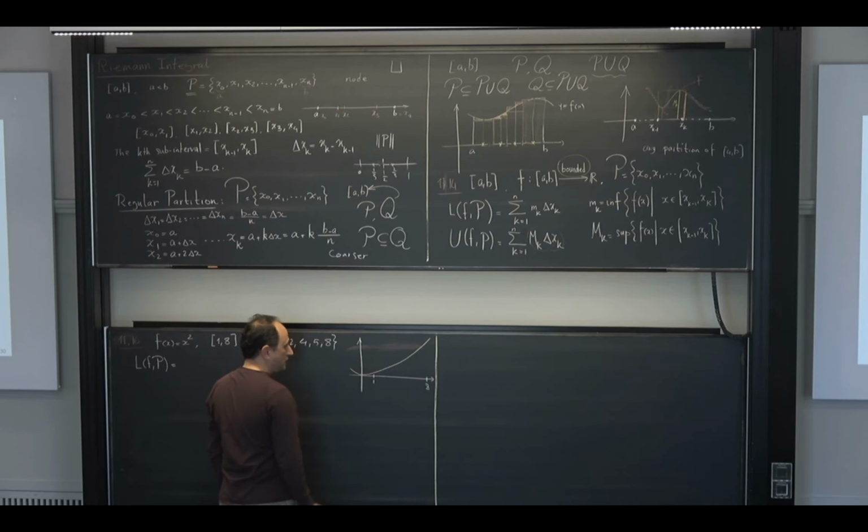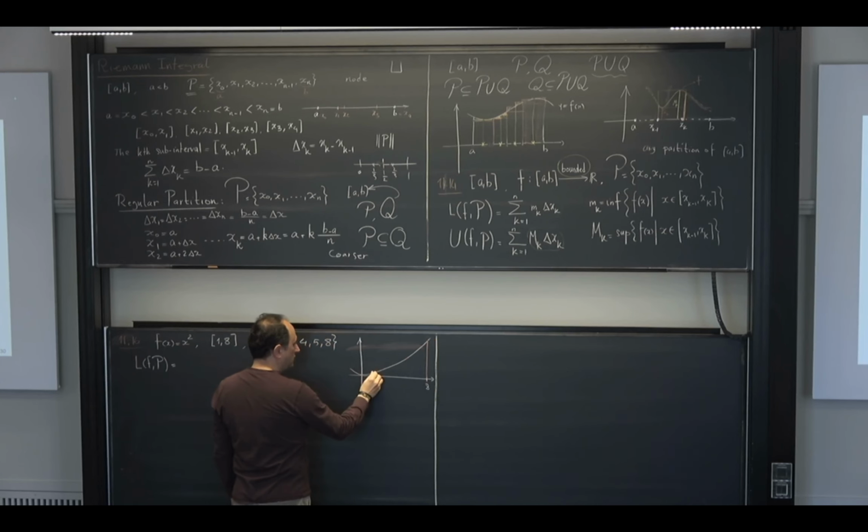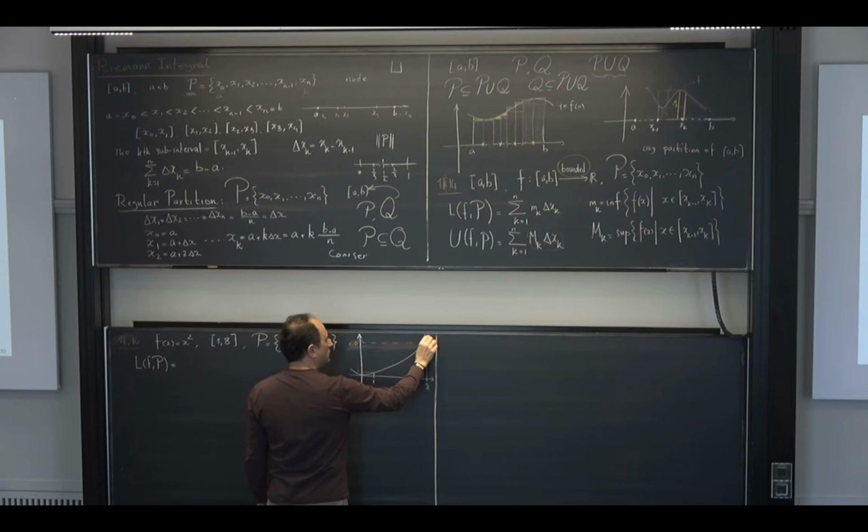It's a little bit exaggerated to make it simpler to write down. Okay. And then we are considering it from here to here. So this point will be how much? Will be 1. This height will be how much? 64, yes? Because my function is f of x equals x squared.